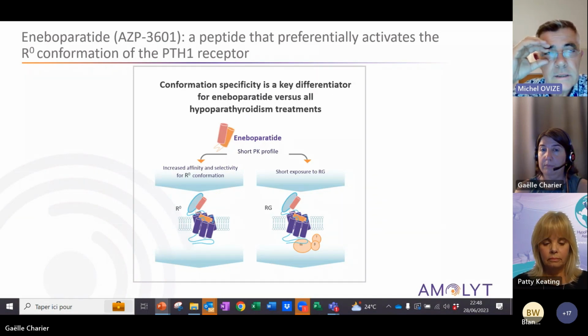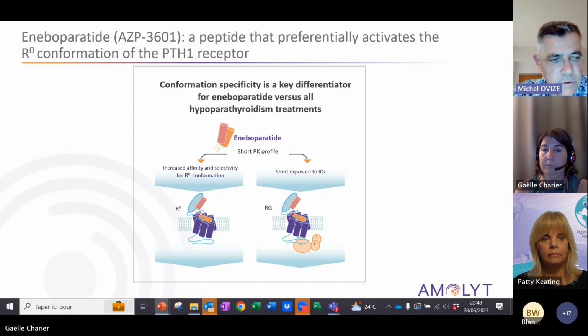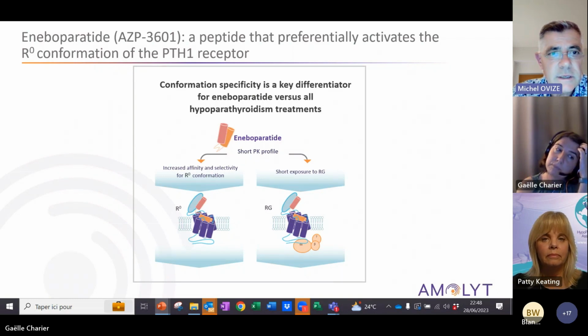And you know that some of the drugs in development for hypoparathyroidism have what we call a resorptive effect on the bone, some of them strongly activating bone turnover, which is not the case for our drug, and which in the long term may be harmful for the bone.